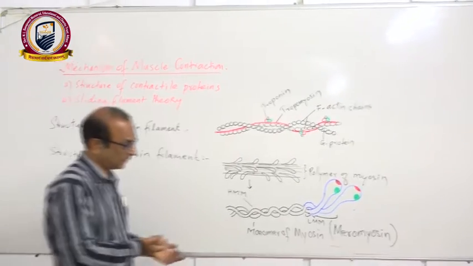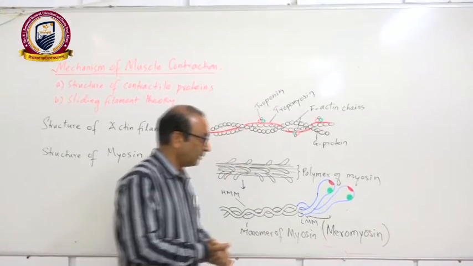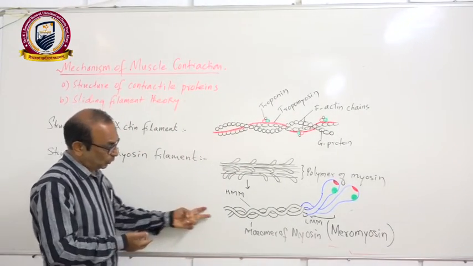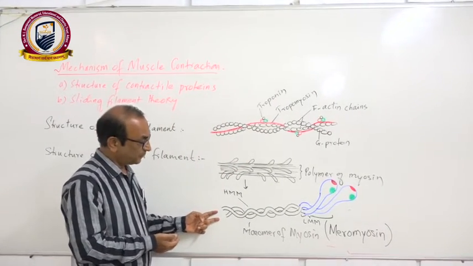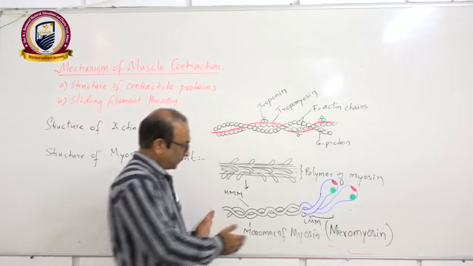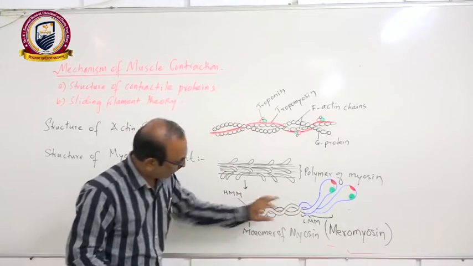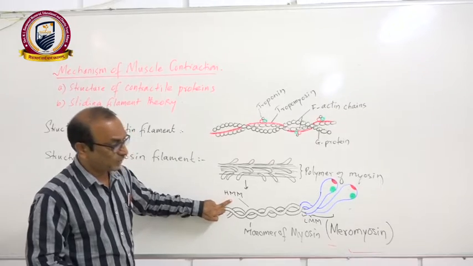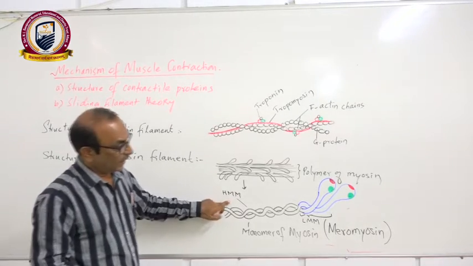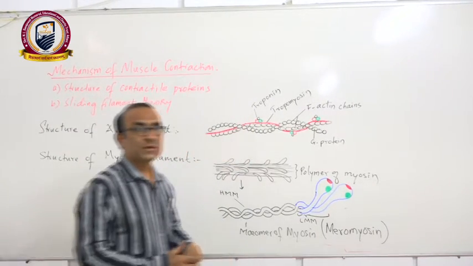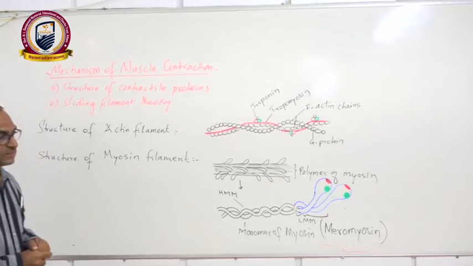So let us see what these are. This is one meromyosin molecule. It has two chains helically coiled, and the straight chain that we see here is called heavy meromyosin, and the two heads are also taken as heavy chains.